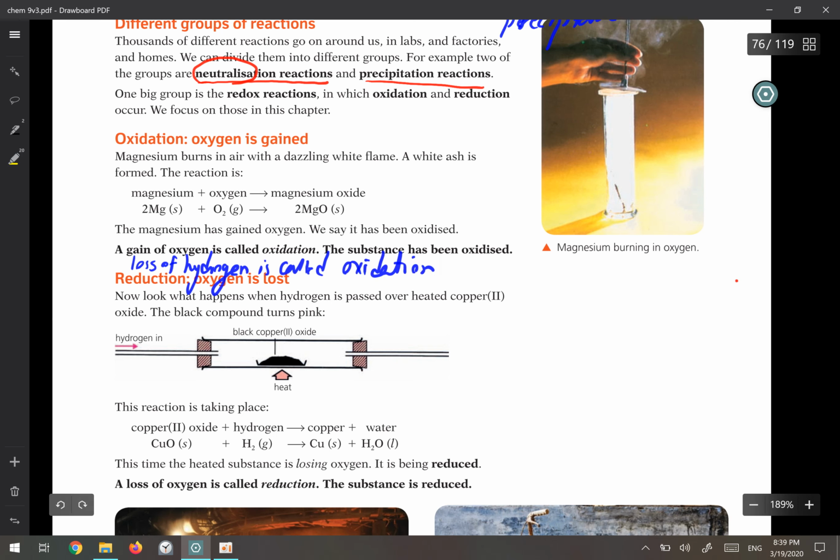So if a substance gained oxygen, we say that substance is oxidized. Or if you have a substance and in the reaction it loses hydrogen, we also say that substance is oxidized.